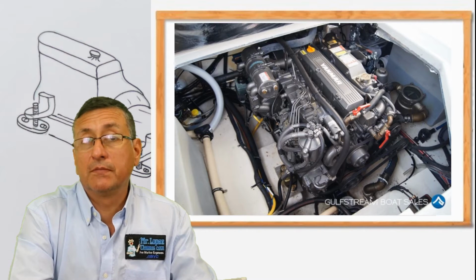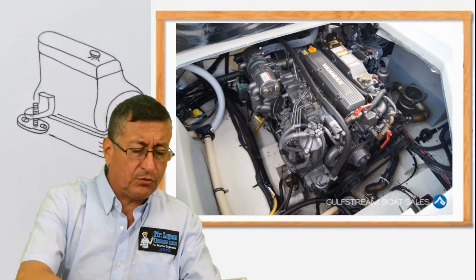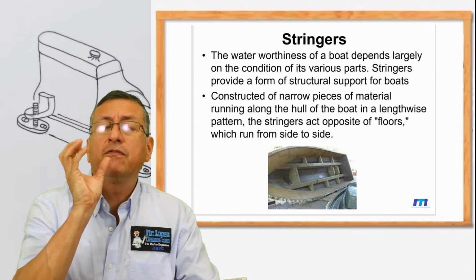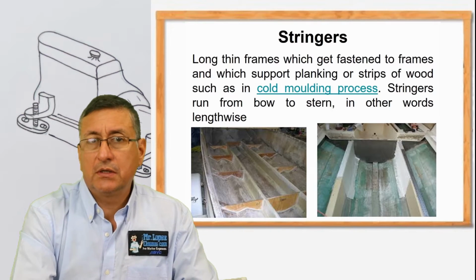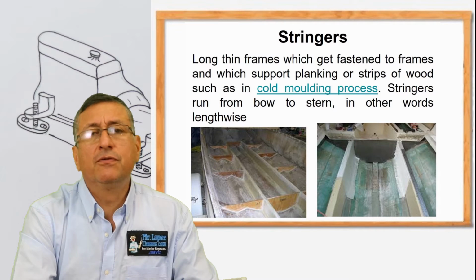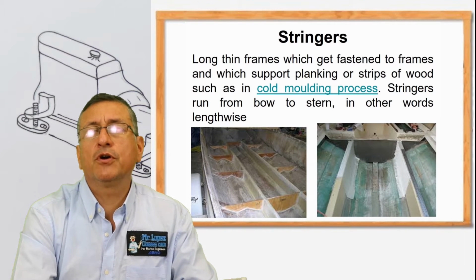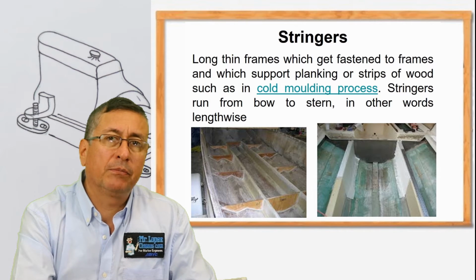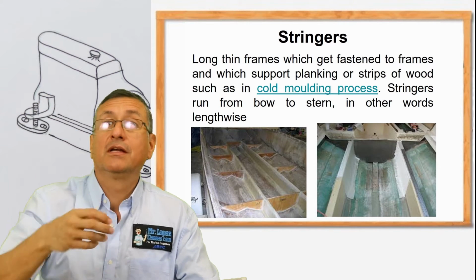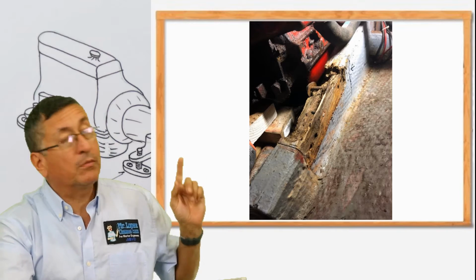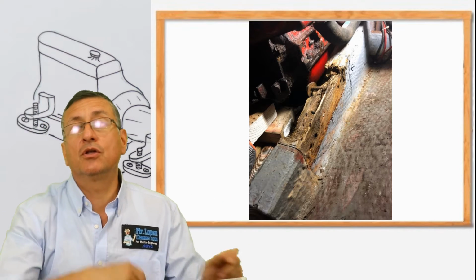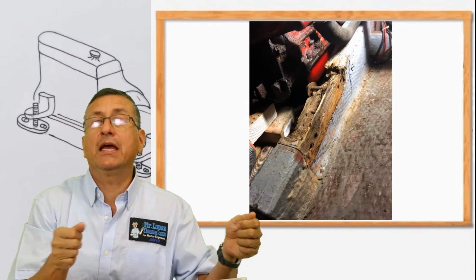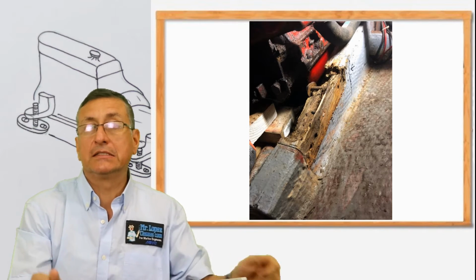Normally the stringers, right now we are going to check internally, are made with foam or wood. If that foam is full of humidity, full of moisture, the stringer is gone, and the bolts that support the motor mounts on the stringers are free, and the motor mounts are free, and the engine is not aligned.